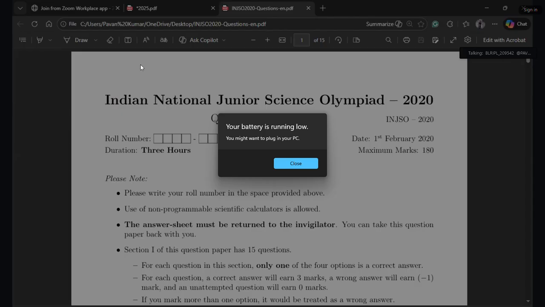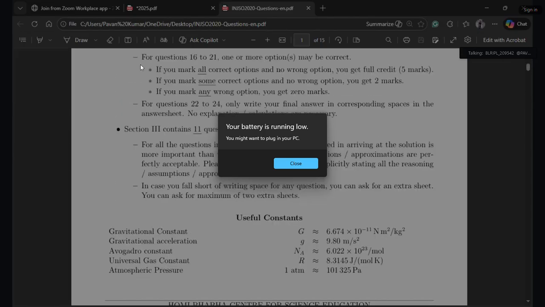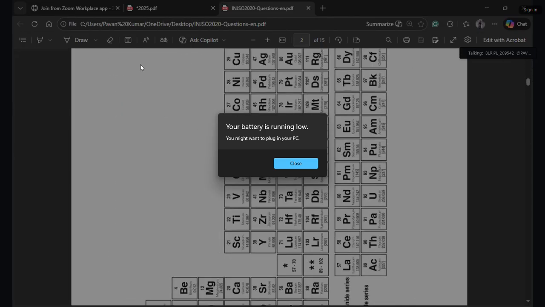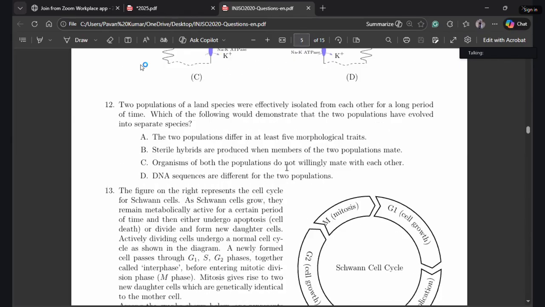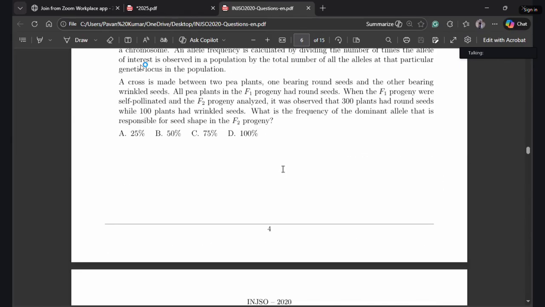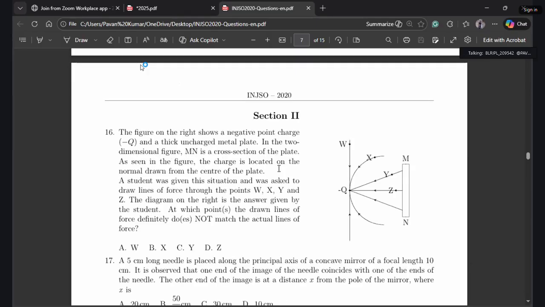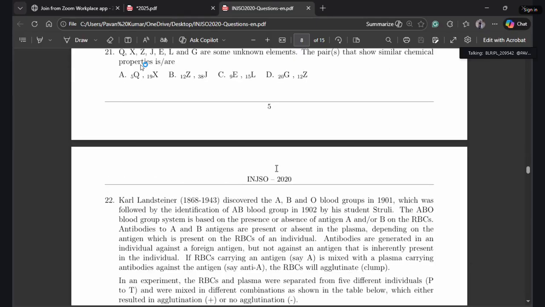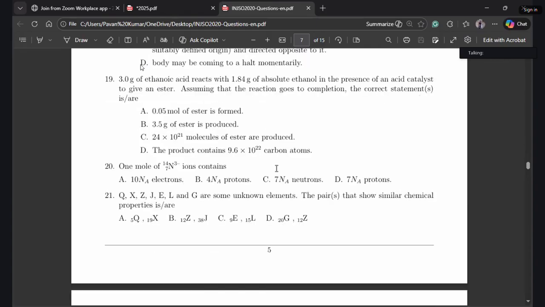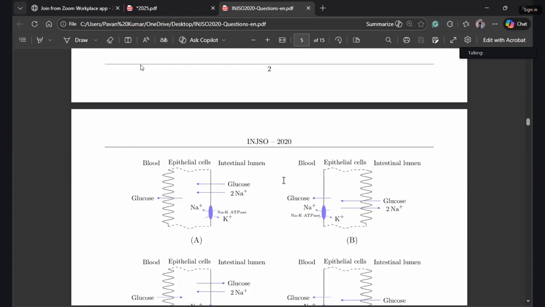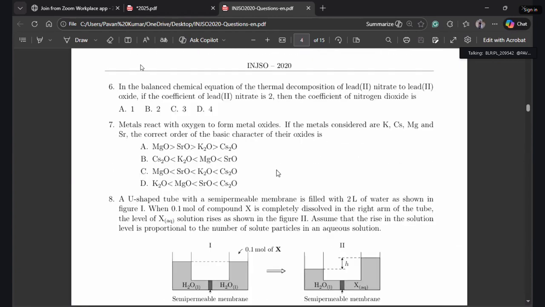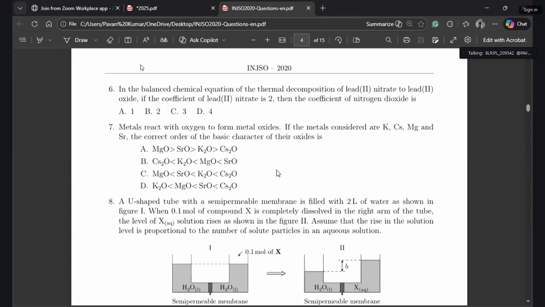In that INGSO 2020, there are some questions related to the periodic properties that we are going to discuss. Yeah, correct. See the seventh question here.